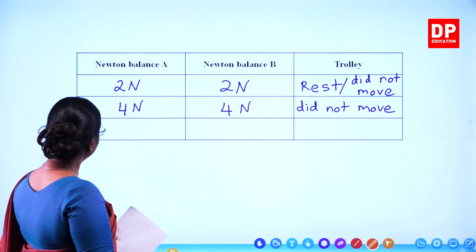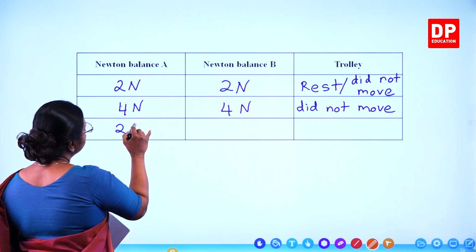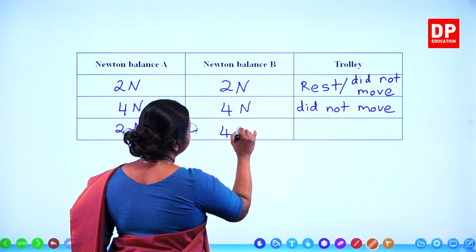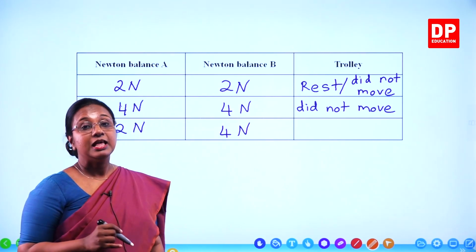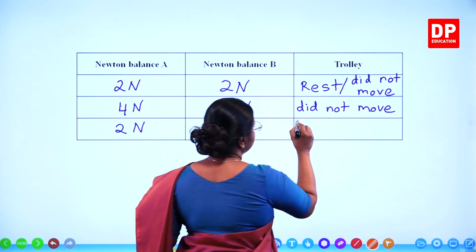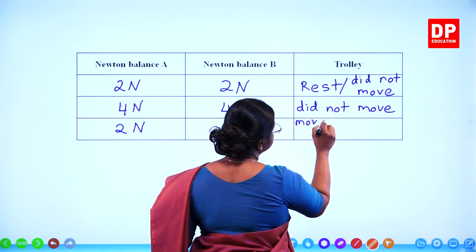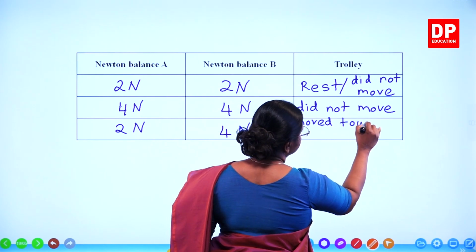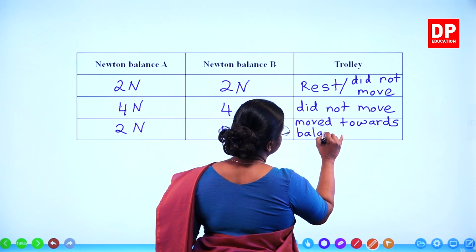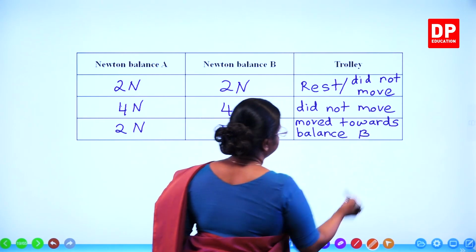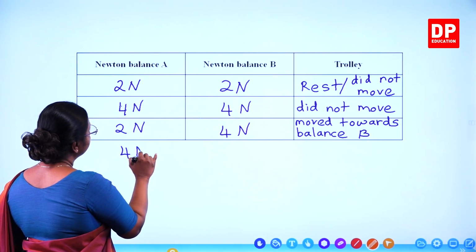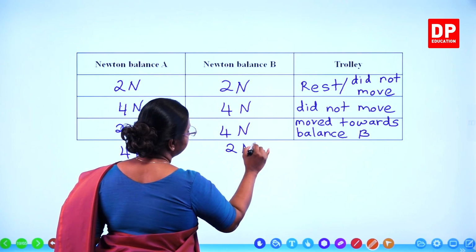Then what did we do? We applied 2 Newton force to Newton balance A and 4 Newton force to Newton balance B. Then what happened? Trolley moved towards balance B. And after that, again I used 4 Newton force here and 2 Newton force there.